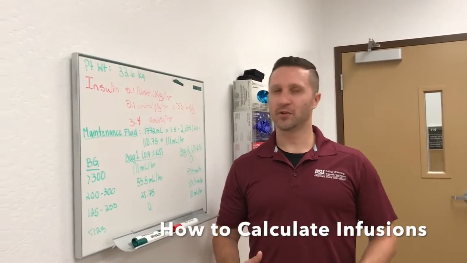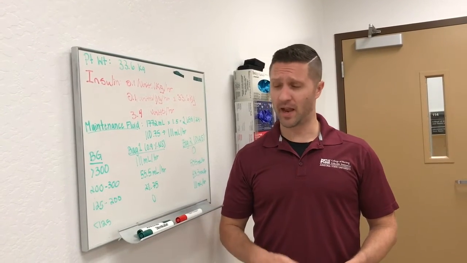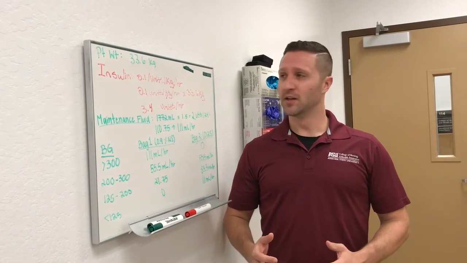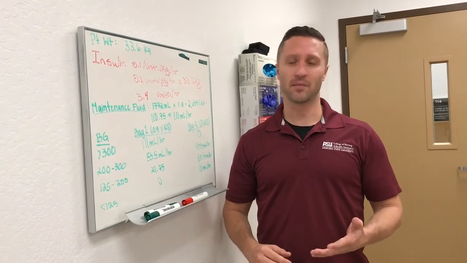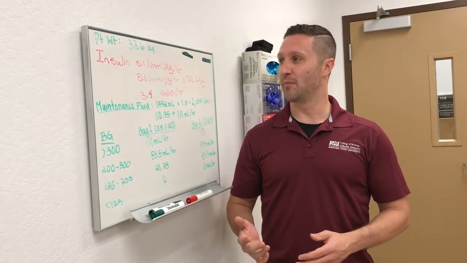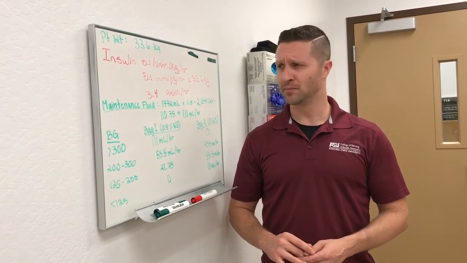So before beginning to run her fluids and the insulin drip, we would check her blood sugar levels and go through our math to determine exactly the ratio that we needed to run. So our patient's weight is 33.6 kilograms, and based off of our unit protocols, she would get insulin at 0.1 units per kilogram per hour for 3.4 units an hour.